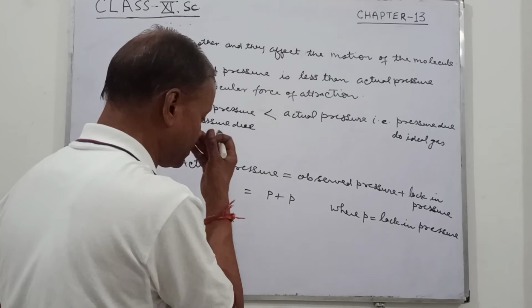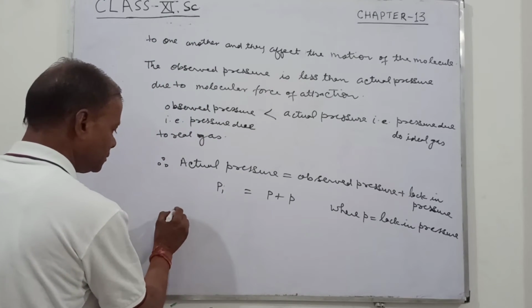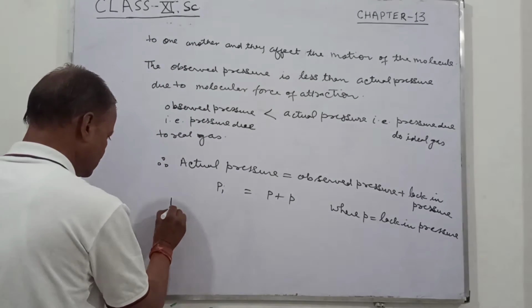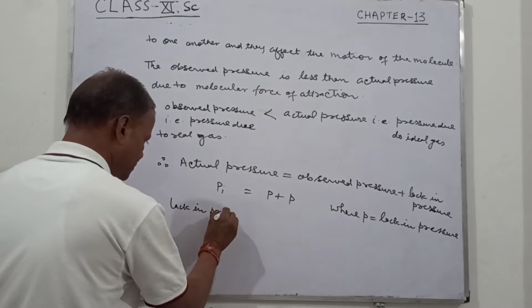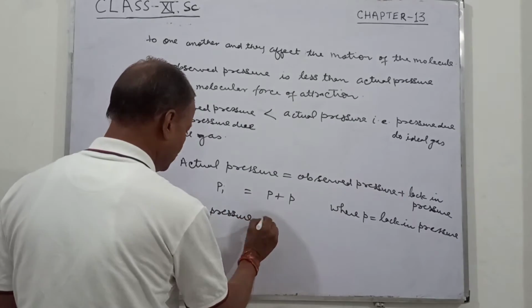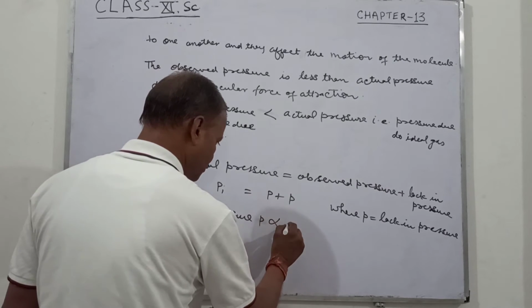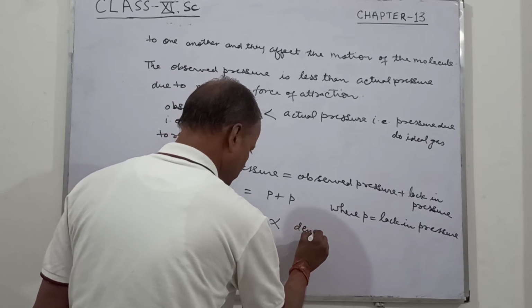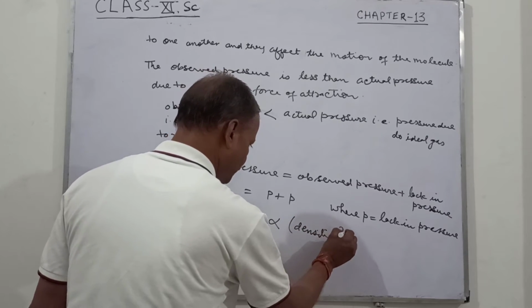And it is found that the lack in pressure p is proportional to the square of density.